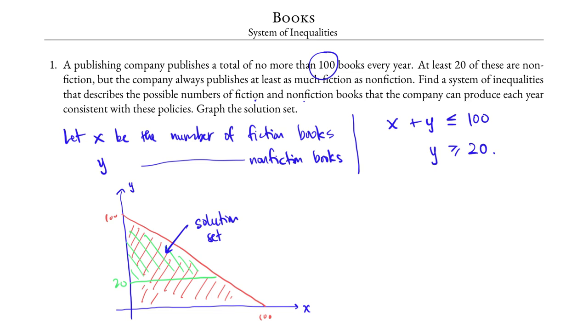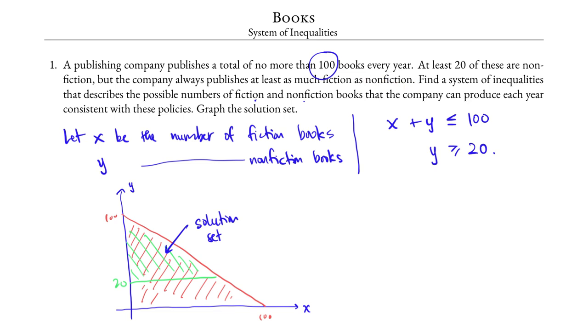If we pick a point up here where x equals 0, y equals 100, this means they would publish 0 fiction and 100 non-fiction, which is a solution, but it doesn't satisfy this policy of publishing at least as much fiction as non-fiction.